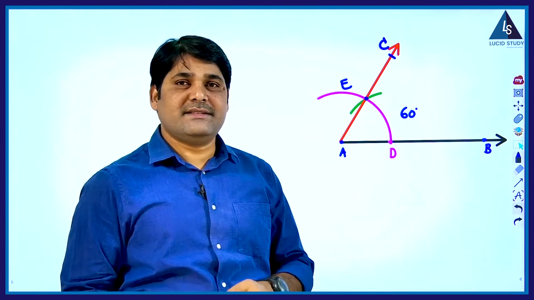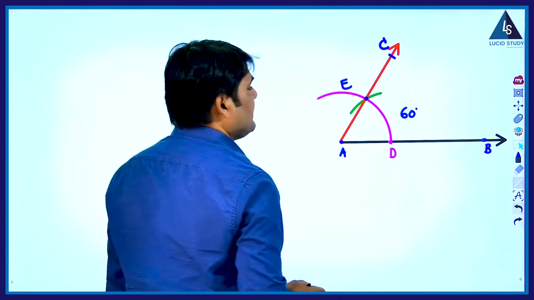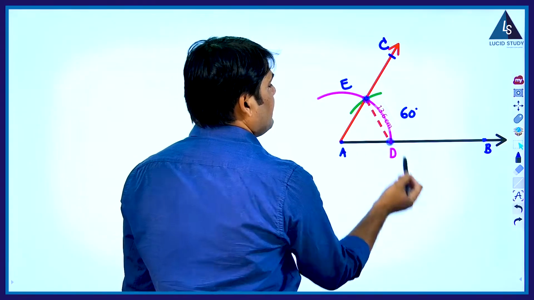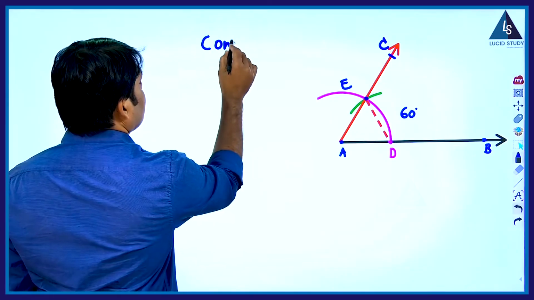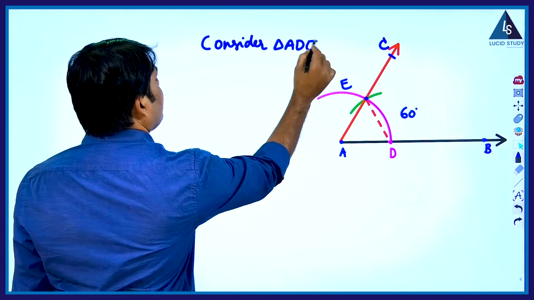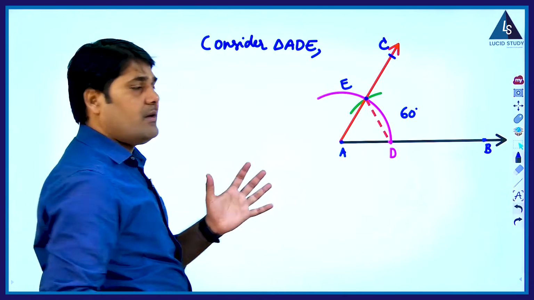Now let us see the justification, whether this angle is 60 degrees or not. To justify this, I will join D and E. Now observe triangle ADE. So which type of triangle is this? That is what we have to see.